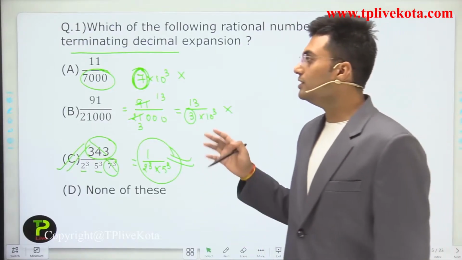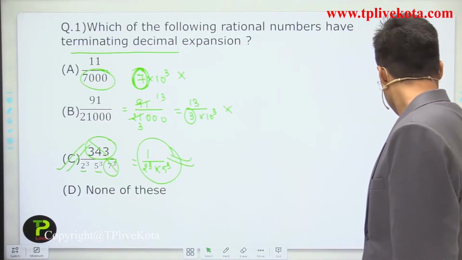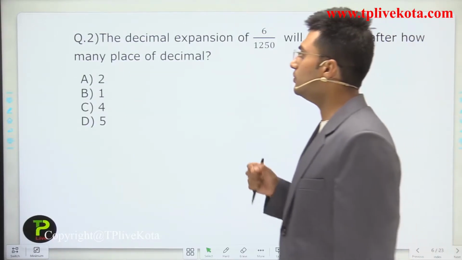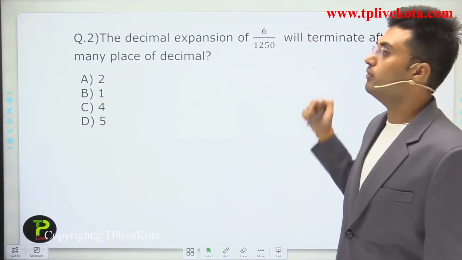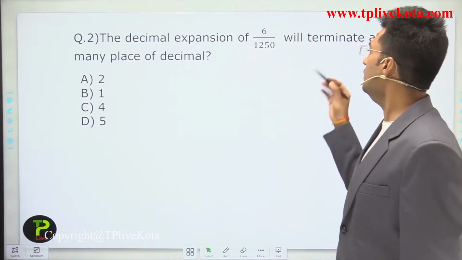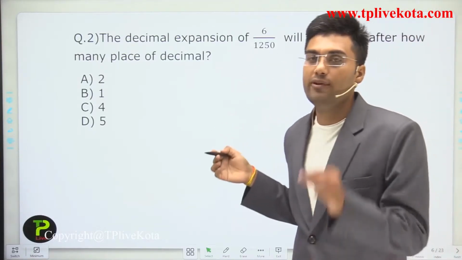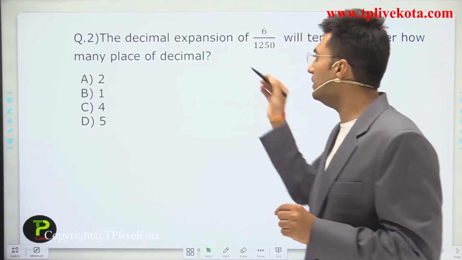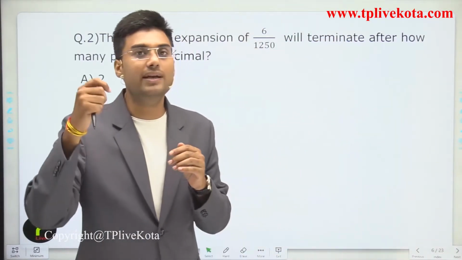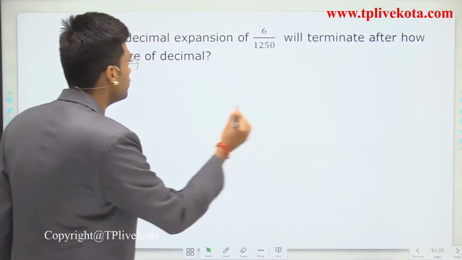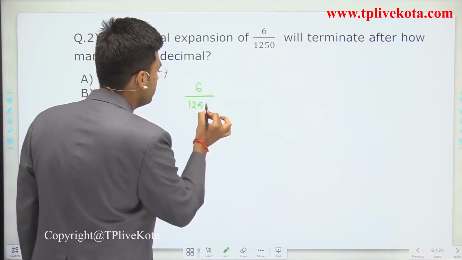Now let's move to the next question. The decimal expansion of 6 upon 1250 will terminate after how many places of decimal? We have to find after how many decimal places the expansion of this fraction terminates. So let's start the solution of this question. 6 upon 1250.